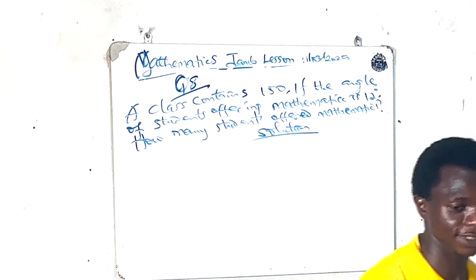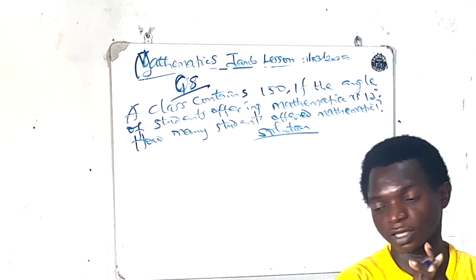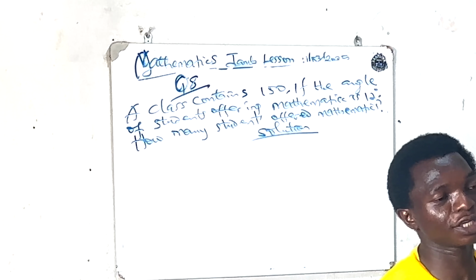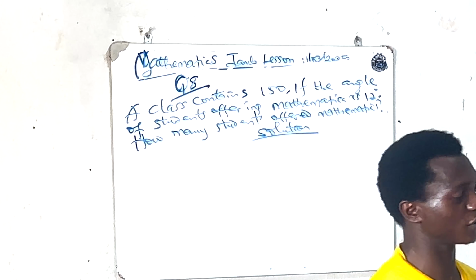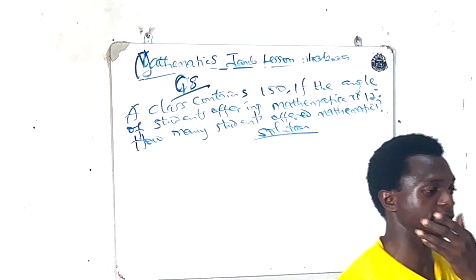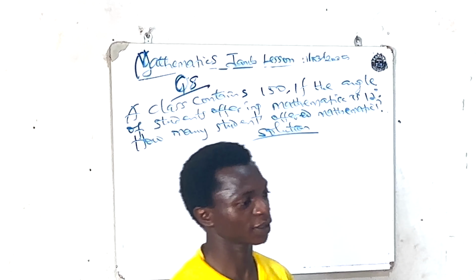This is another problem. We are given the students that offer physics and mathematics in that class, but we are only given the angle of students that offer mathematics to be 12 degrees. And the total number of students in that class is given as 150.